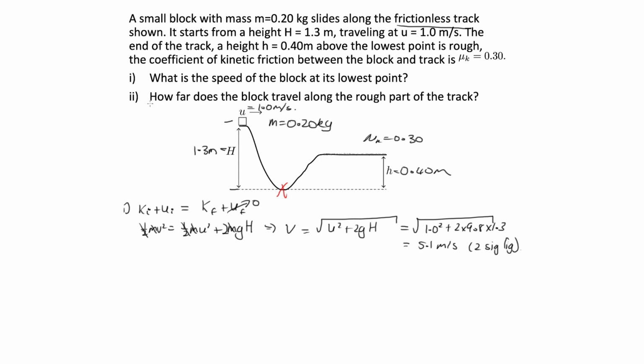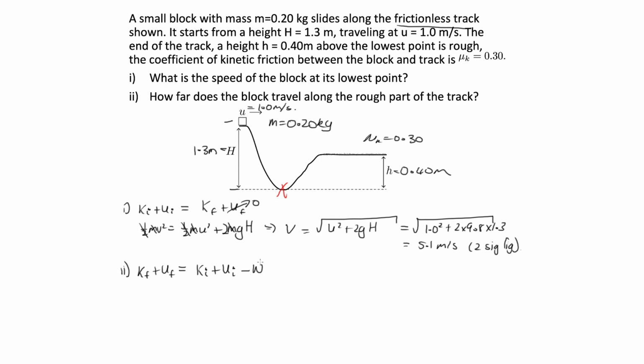Now part 2 says how far does the block travel along the rough part of the track. Okay, so basically what happens is it has some initial energy and then it's losing that initial energy as work done against friction. So we can say that the final kinetic energy plus the final potential energy is equal to the initial kinetic energy plus the initial potential energy minus the work done against friction.